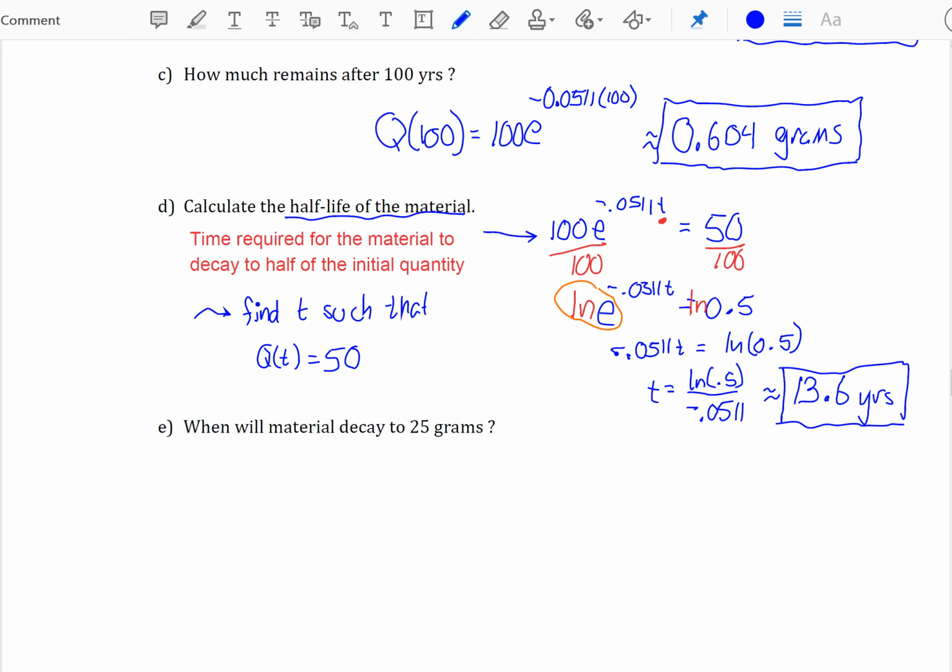Okay. Last question. When will the material decay to 25 grams? Notice that the algebra for solving this question is going to be very similar to our previous problem. We were determining the half-life, the amount of time to decay to half of the material. Now we want to figure out the amount of time to decay to 25 grams.